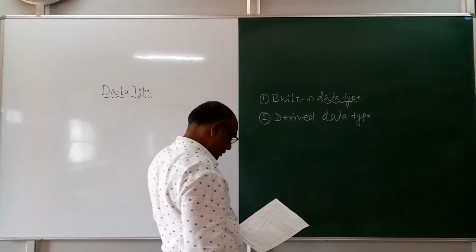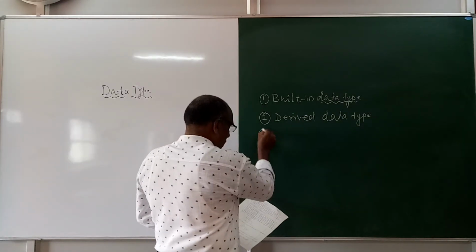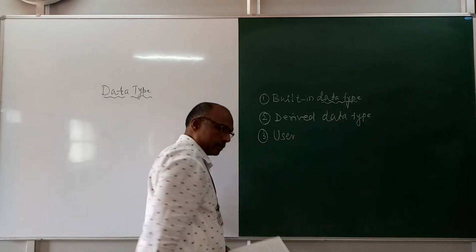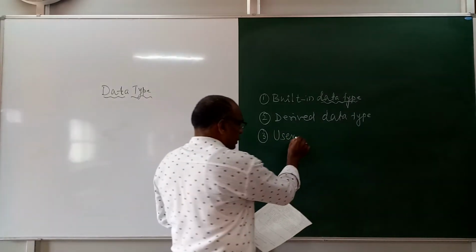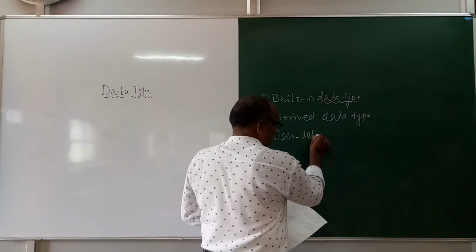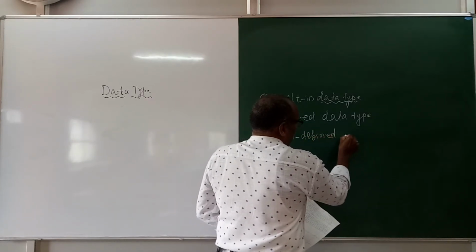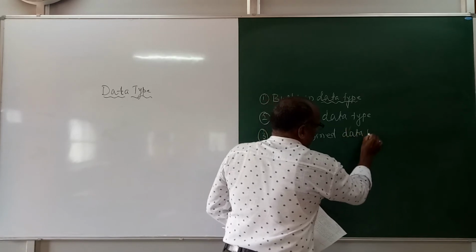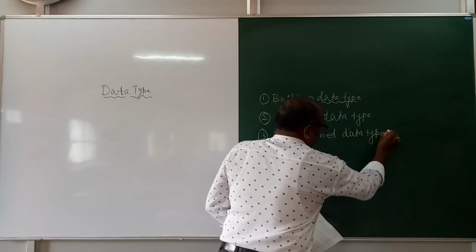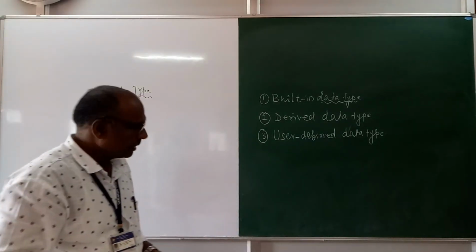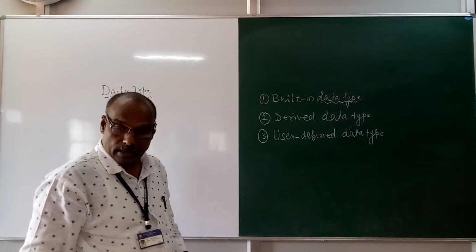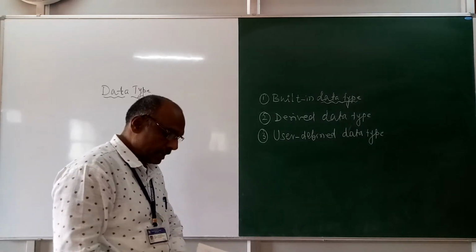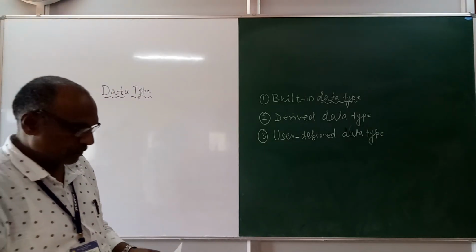Third, say user, you are the user now, user defined data type. These are three different categories of data type used in C language.